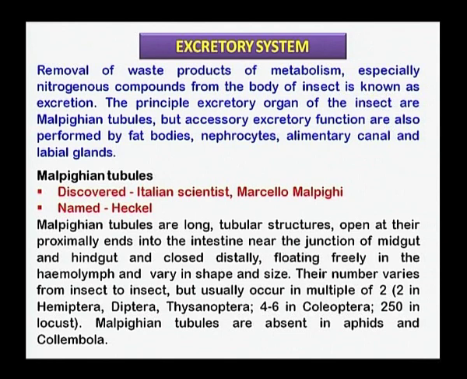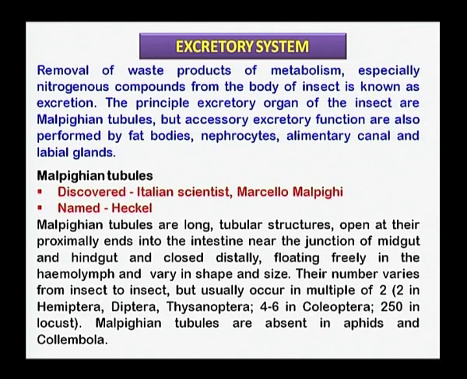The number varies from insect to insect, but they are present in multiples of 2. Say, for example, in case of Hemiptera, the number of Malpighian tubules is 2. But if we talk about the Thysanoptera, that is the thrips, then they are also 2 in number.